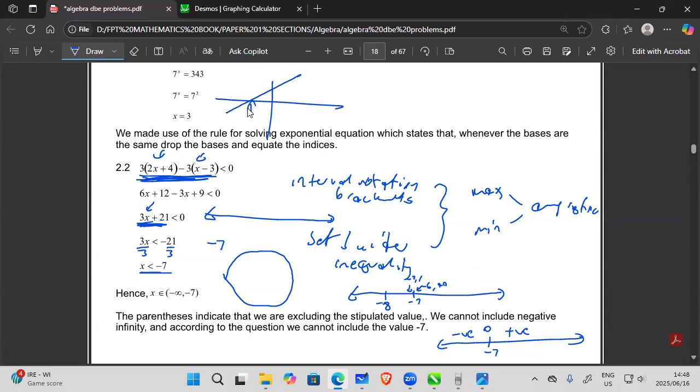This here will be -7, the x-intercept, and this here will be +21, the y-intercept. Just slightly to the left of -7, see what happens to the y values: all negative y values. At -7, the y value is 0. Slightly to the right of -7, it's above the x-axis. Can you see that? All positive y values. Inequalities, functions, everything is the same. There's nothing different.